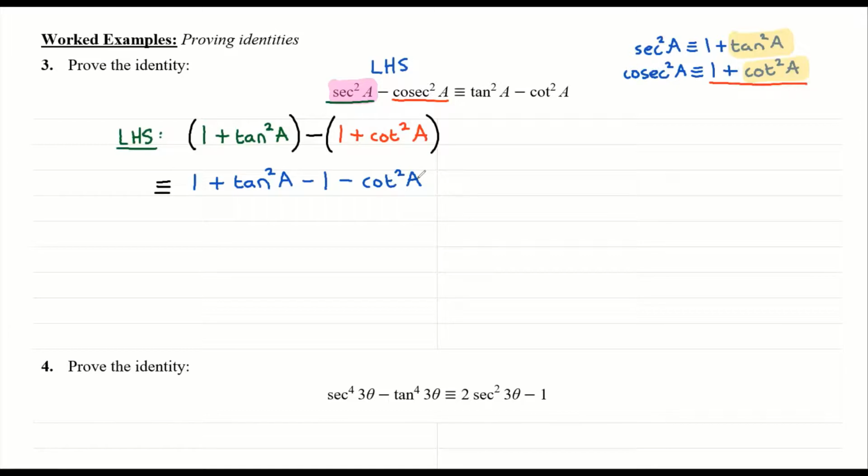Are there any terms we can collect? Well, we're going to have some cancellation here. We've got a +1 there and a -1 there. That immediately cancels. And I think we're in good shape now to write down the final answer. So this is just identical to tan squared A subtract cot squared A as required.